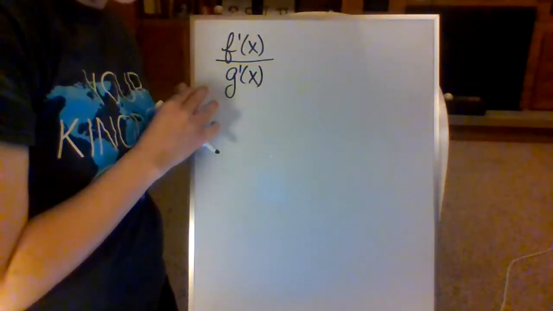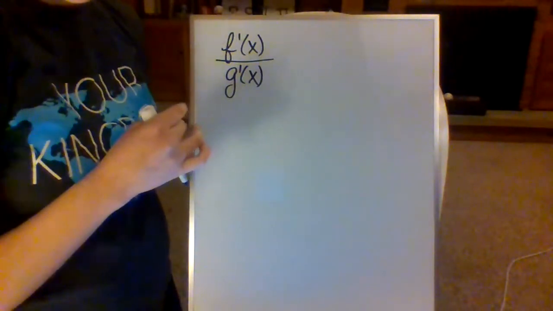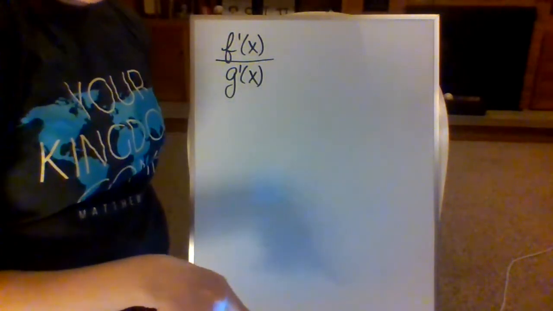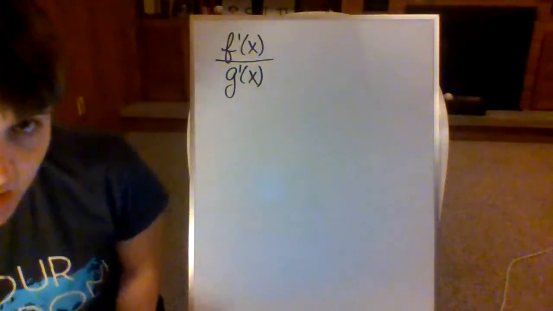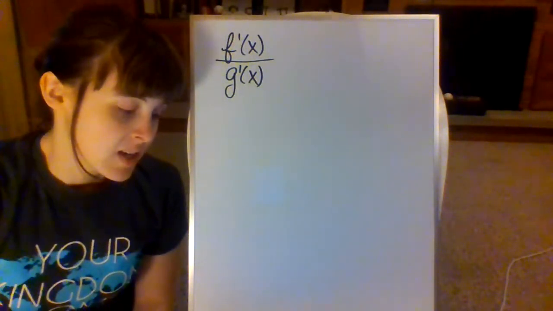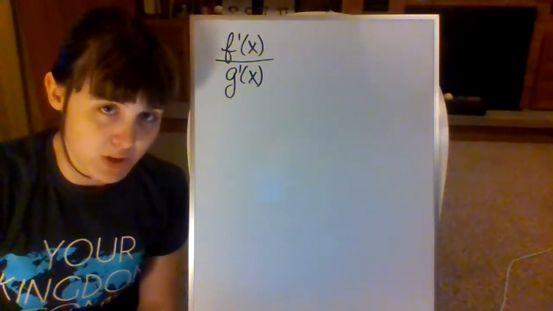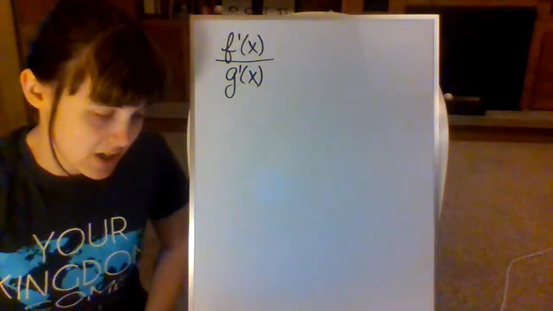To prove this theorem, we can use a more general result called the extended mean value theorem. There's a box, theorem 8.3, that you can read for yourself. Theorem 8.4 explains L'Hopital's rule a little bit better.